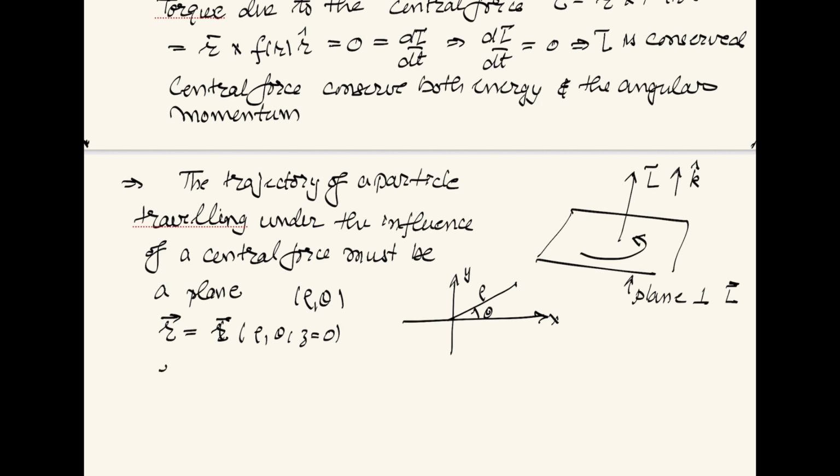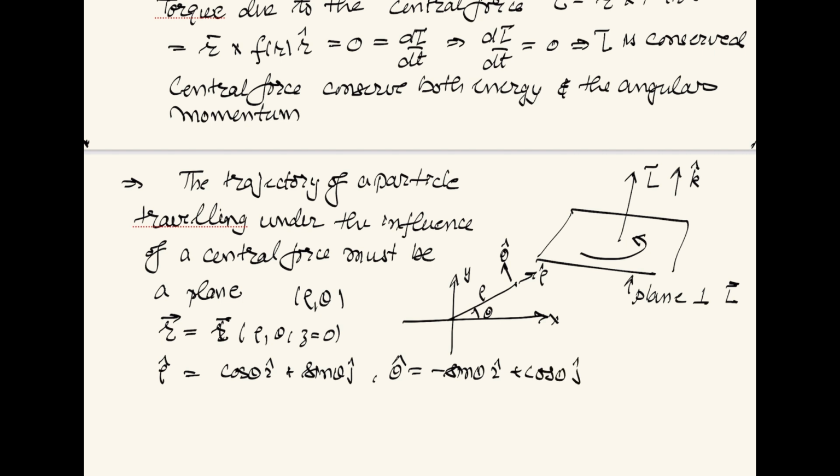So we can also have unit vectors rho cap, which we have already dealt with before, and there is going to be a theta cap. So rho cap can be written as cos theta i cap plus sin theta j cap, and theta cap is equal to minus sin theta i cap plus cos theta j cap.